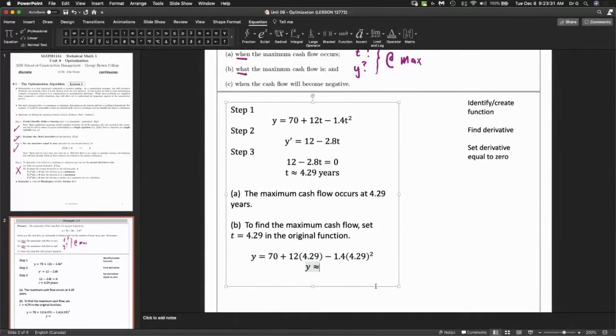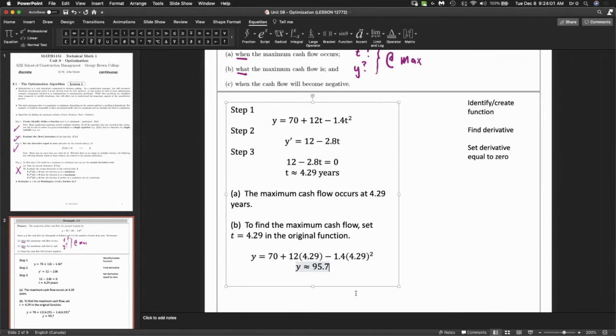You tell me what you got. Did you get 95 point something? Is that right? Anybody got a number there? Thank you, Praviti. 95.71. I'm going to leave it as 95.7.